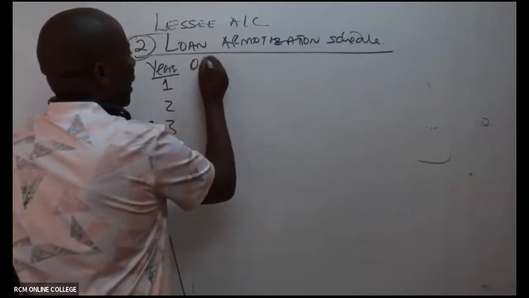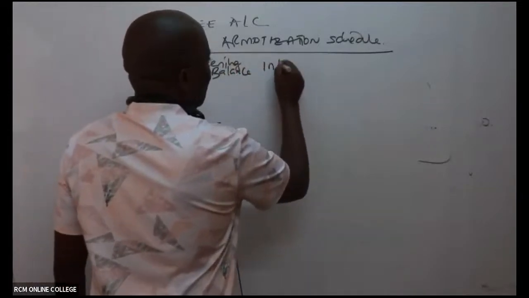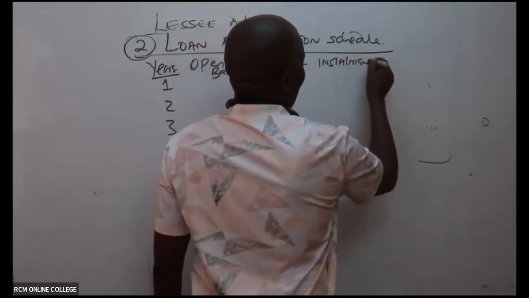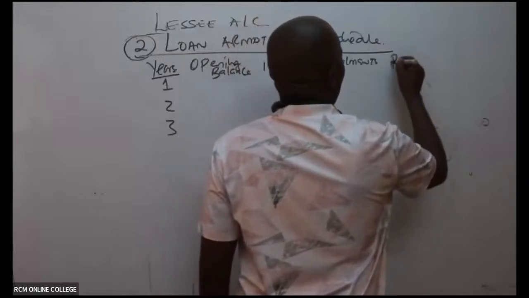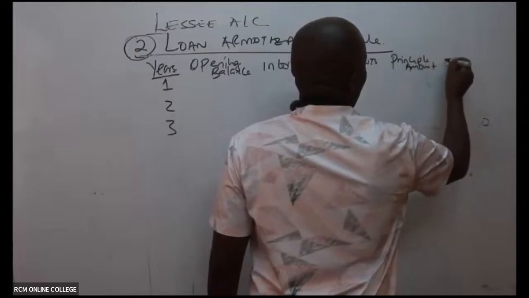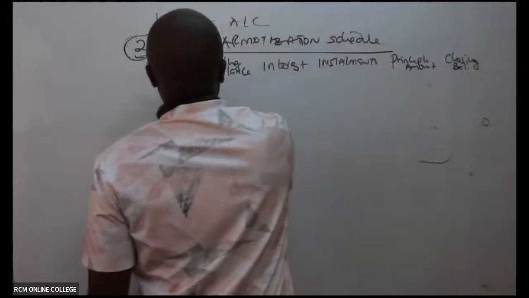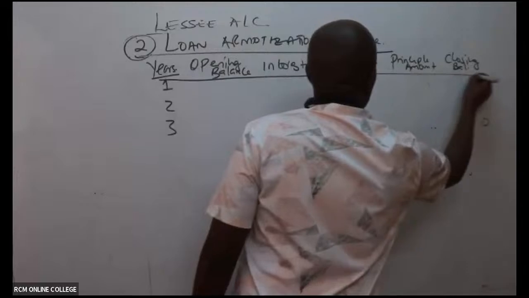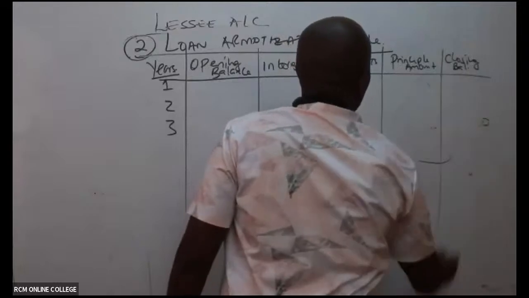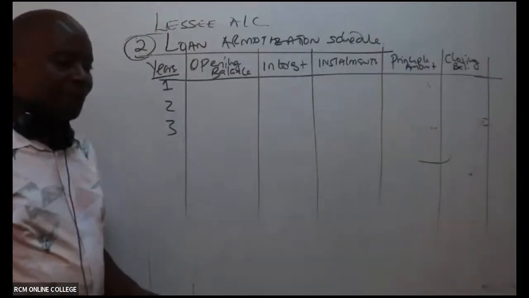You're going to have opening balance, interest, installments, the principal amount paid, and then closing balance. Very easy. Please let me know once you guys are able to write this particular table, the titles.